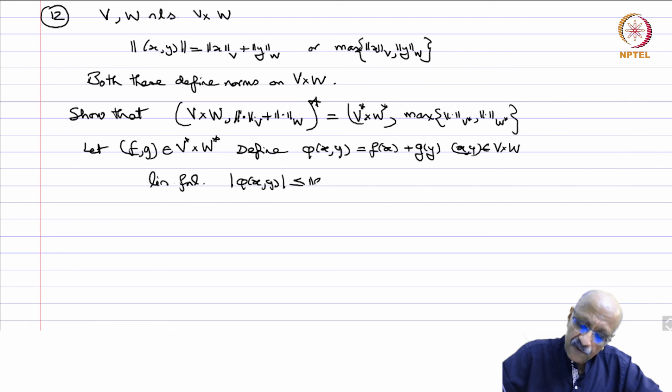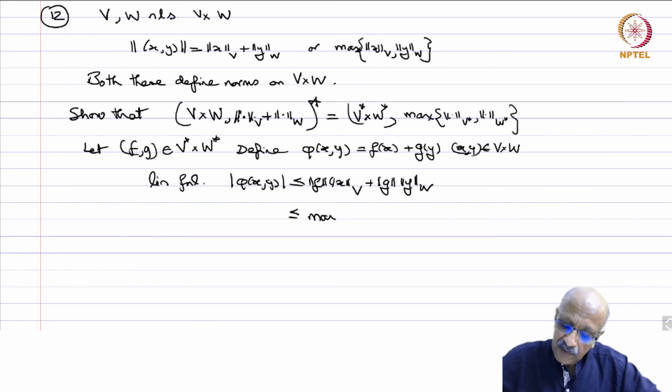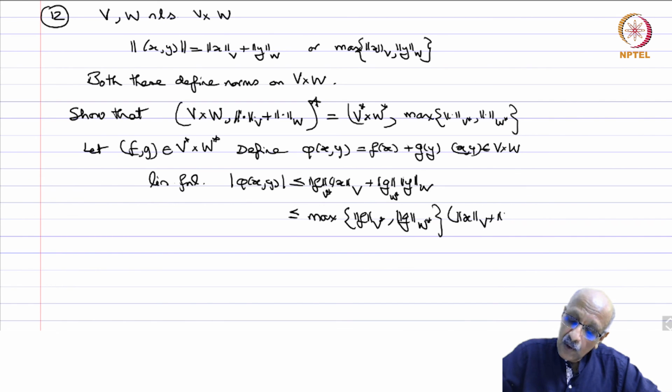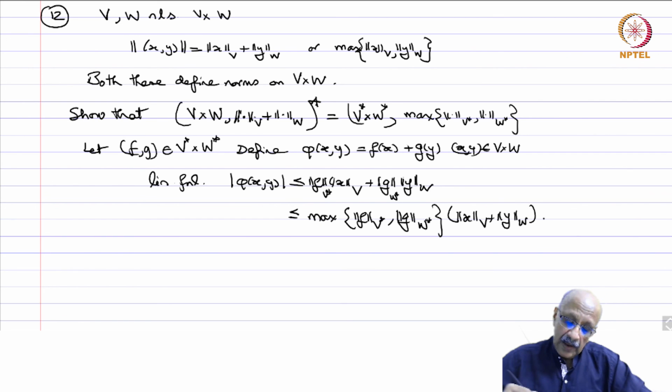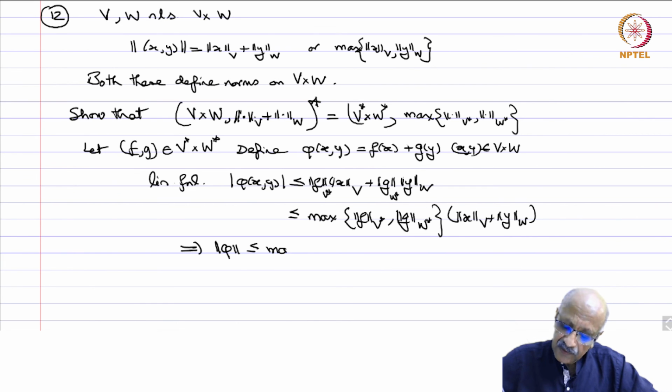This is less than or equal to norm f times norm x in V plus norm g times norm y in W, and that is less than or equal to max of norm f in V star, norm g in W star, into norm x in V plus norm y in W, and therefore norm phi is less than or equal to max of norm f in V star, norm g in W star.